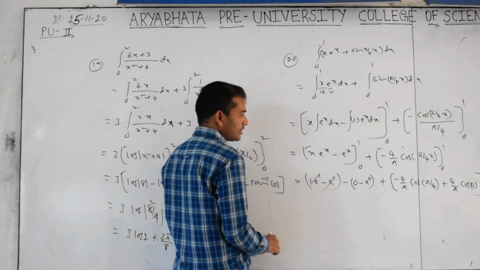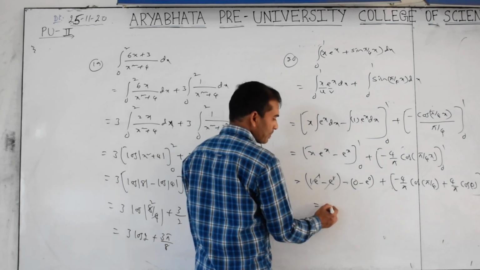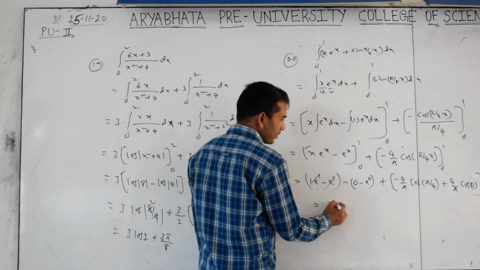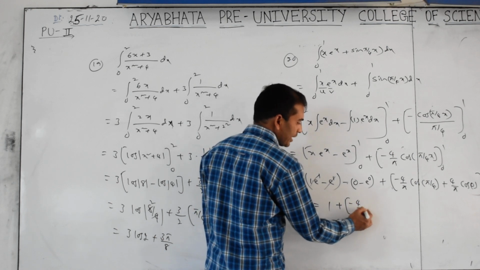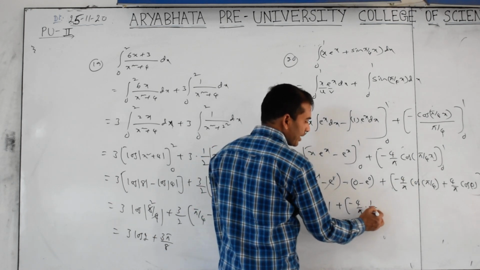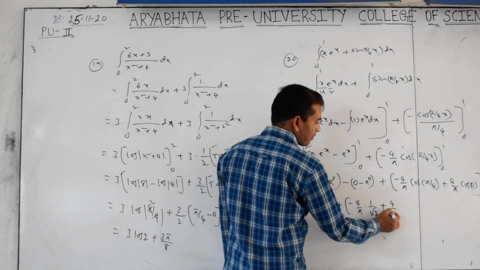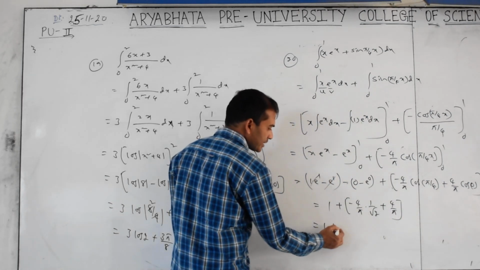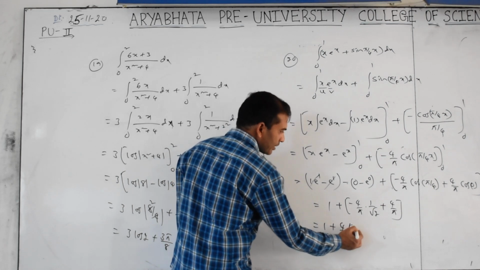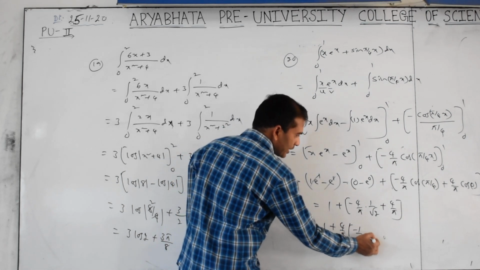E gets cancelled, 0 here, minus minus e power 0 is 1, minus 4 by pi into cos pi by 4 is 1 by root 2, plus 4 by pi cos 0 is 1, finish. 1 plus 4 by pi, take common, minus 1 by root 2 plus 1.